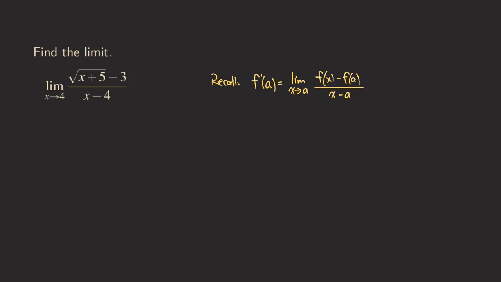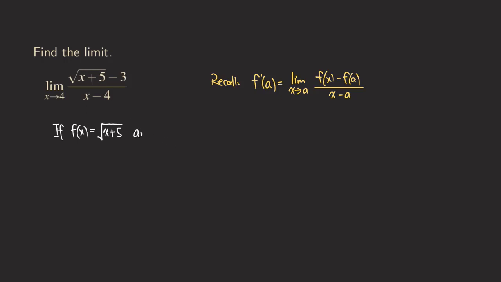Okay, so now what we can do is take a look at what the function is and also what a is, because as you can see there is x approaching a. So we can say that f of x is equal to the square root of x plus 5, which is this part right here.